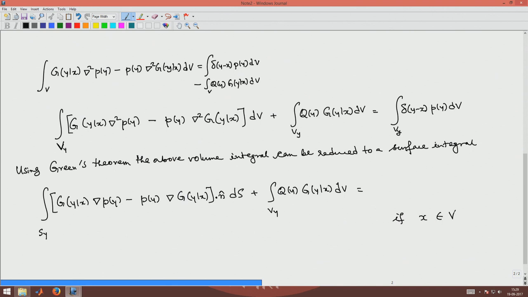the volume, then the right hand side is going to be p of x.